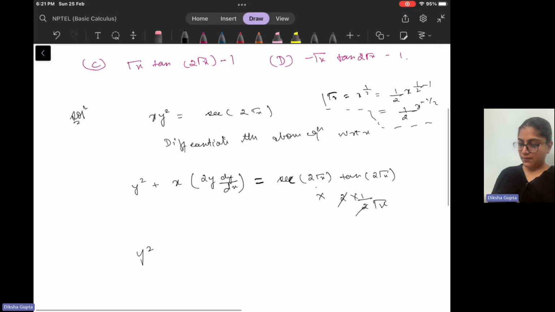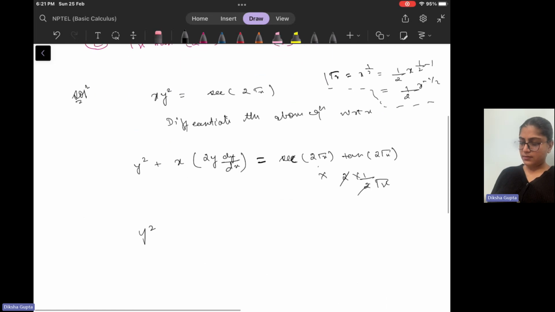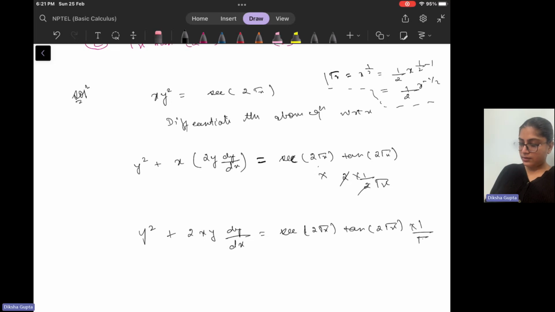So what do you have to find? You have to find 2x square y cos 2 root x, so you'll try to make this form here. So it is x square plus 2xy dy by dx equals secant 2 root x tan 2 root x into 1 by root x.